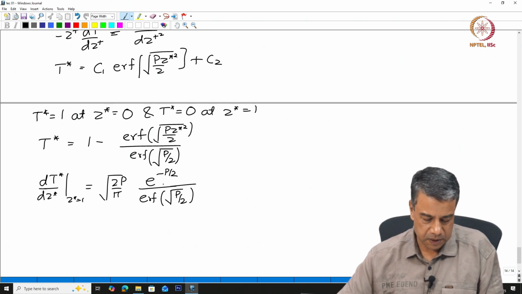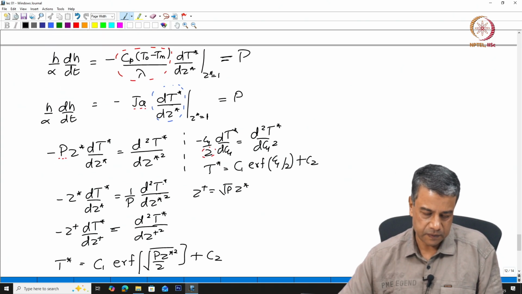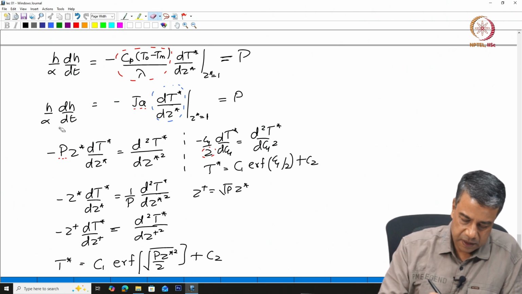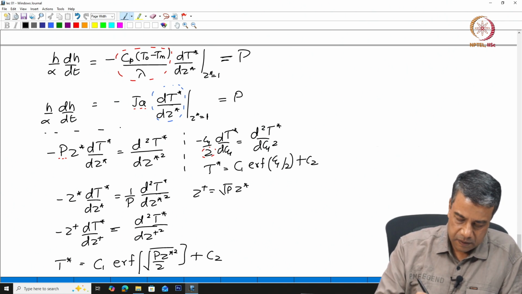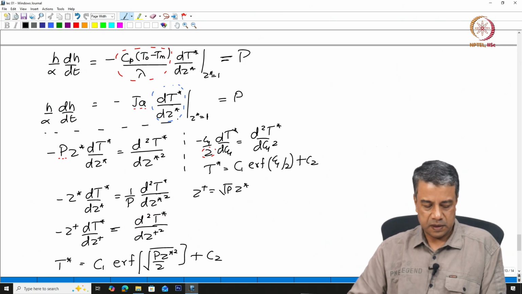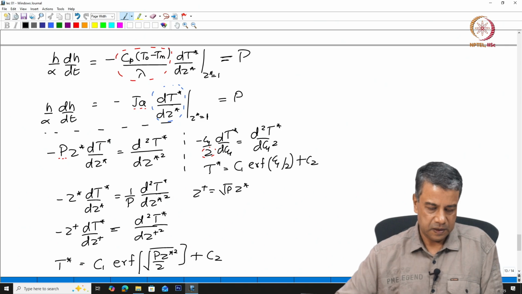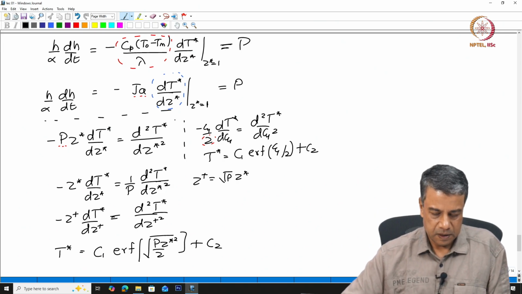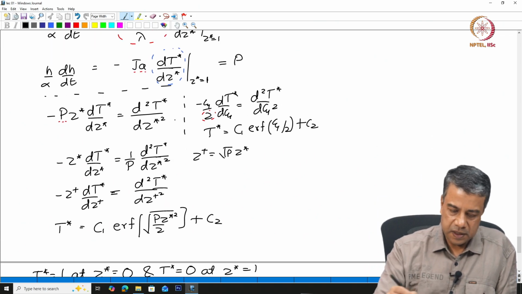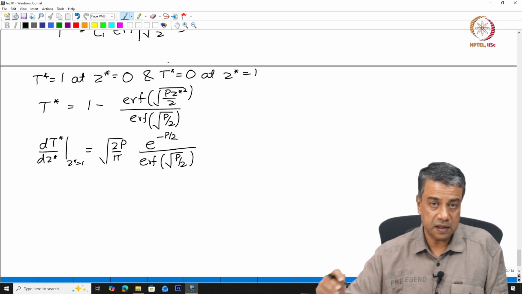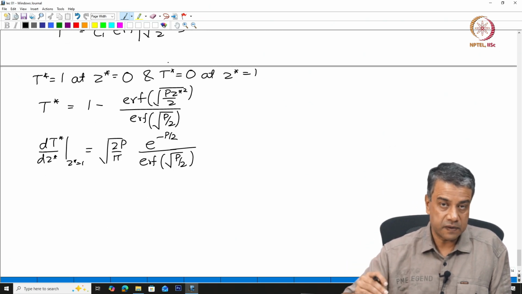You recall the equation I had for the boundary condition for the temperature, that is, h by alpha dH by dt is minus Jakob number into dT by dz. So p is equal to Jakob number into dT by dz at z equals 1. That was the condition that whatever heat is transferred should be equal to the mass of material molten times the latent heat.